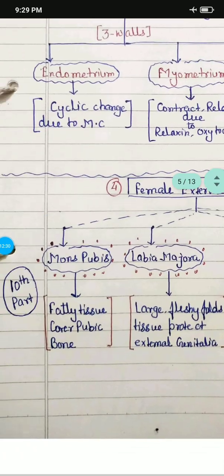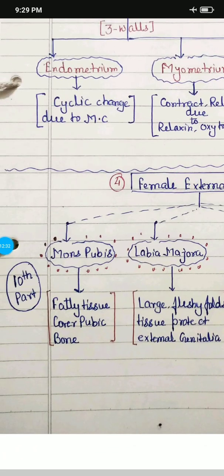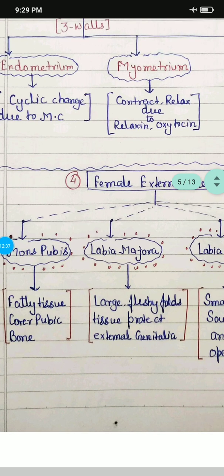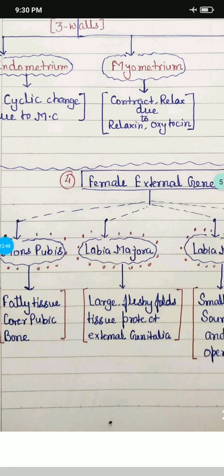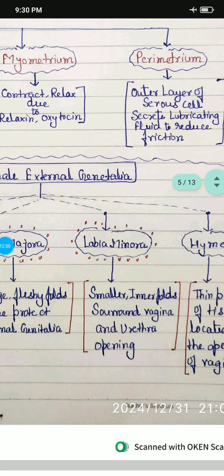The mons pubis is a fatty tissue covering the pubic bone. The labia majora is a very large fleshy fold of tissue. It protects the external genitalia from shocks and abrasion. The labia minora is a small inner fold surrounding the vagina and urethral opening.